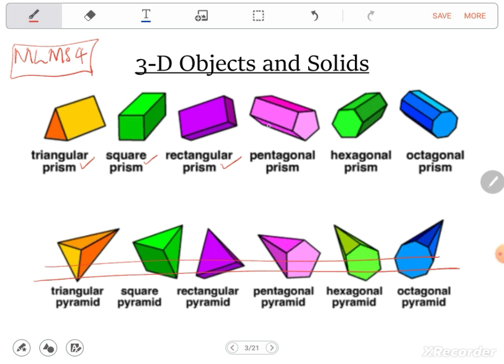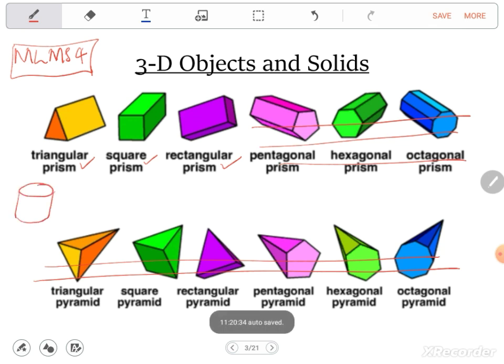We do not calculate anything that has to do with pentagonal prism, hexagonal, octagonal, nonagonal, decagonal. So we don't calculate these ones here. But in addition to a triangular prism, a rectangular prism, we do, of course, calculate for a cylinder. So we do calculate the volume and surface area of a cylinder. All right. So please remember that.